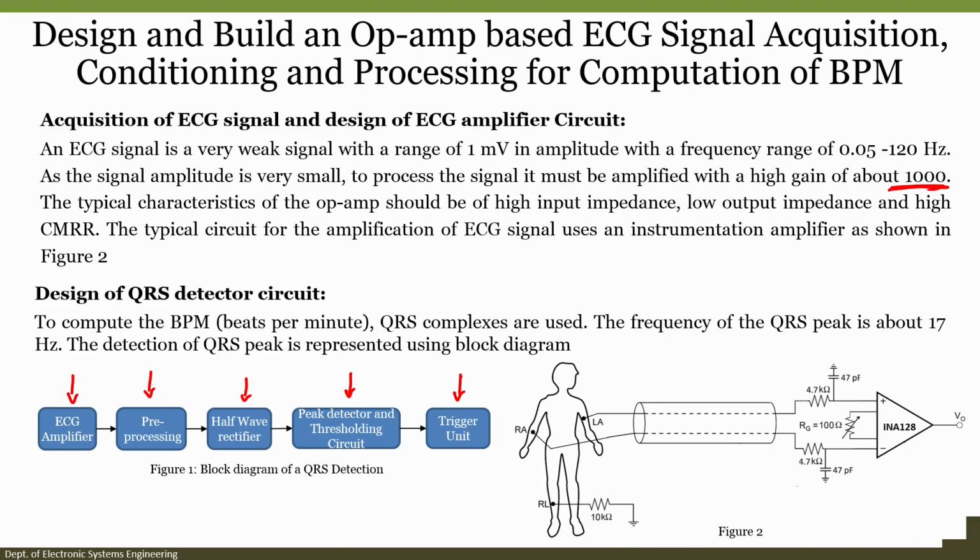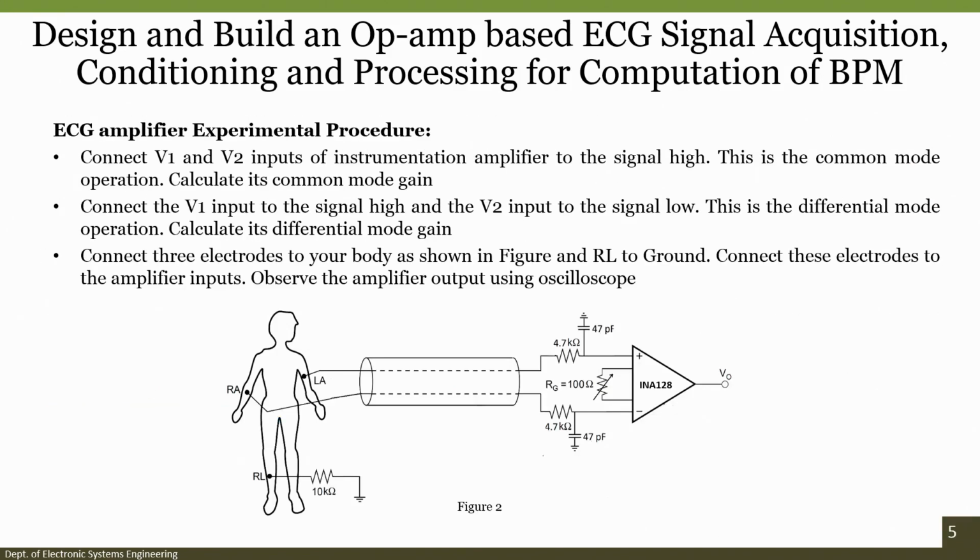To compute beats per minute, QRS complexes are used. The frequency of QRS is about 17 hertz. The detection of QRS is represented using the block diagram which we have just discussed. So, let us now see how we can develop the ECG amplifier for the QRS signals as well as the BPM.